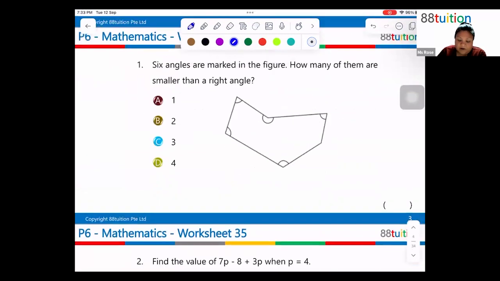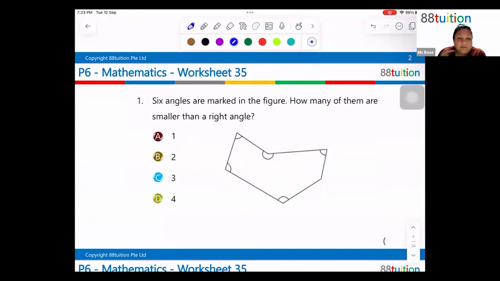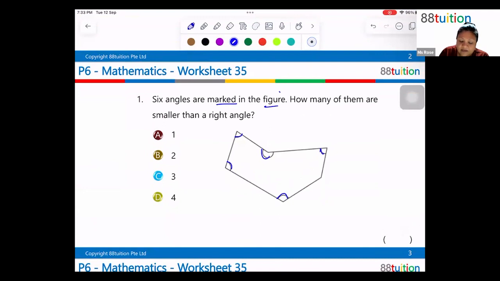Let's take a look at a typical paper one question, which consists of the MCQ. The question says 6 angles are marked in the figure. Marked means all these are your marked angles. Now, how many of them are smaller than 90 degrees?